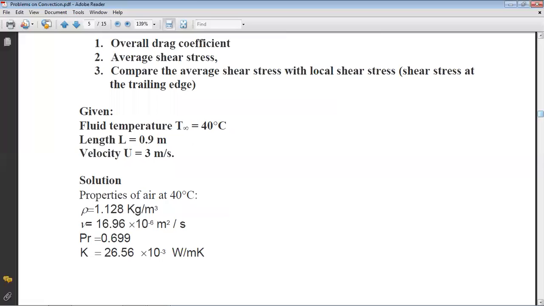These properties can be obtained from the heat transfer data handbook, on page number 34, under the property values for gases at 1 atmospheric pressure.